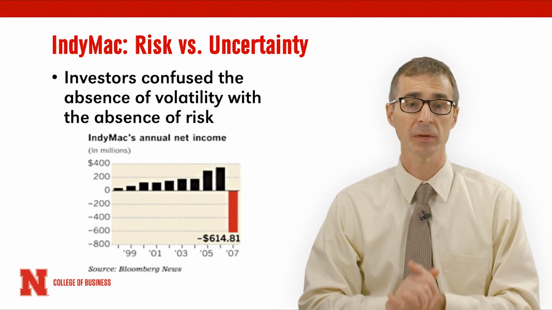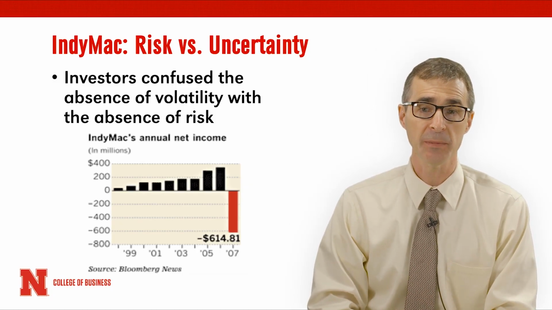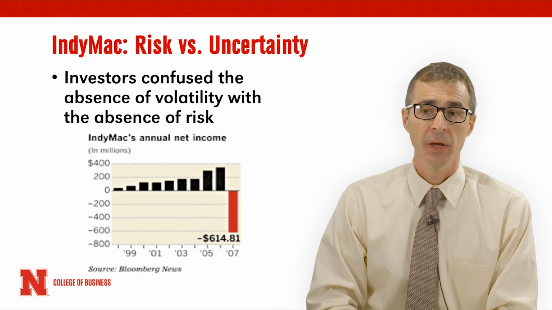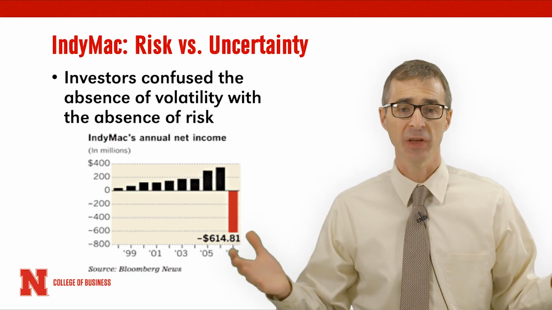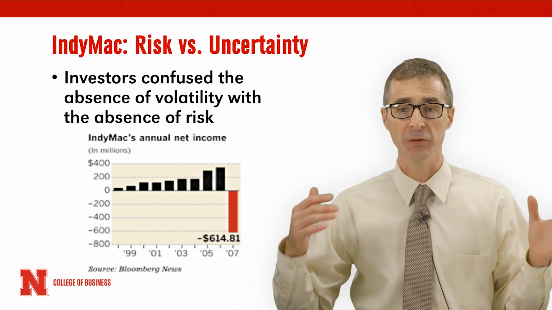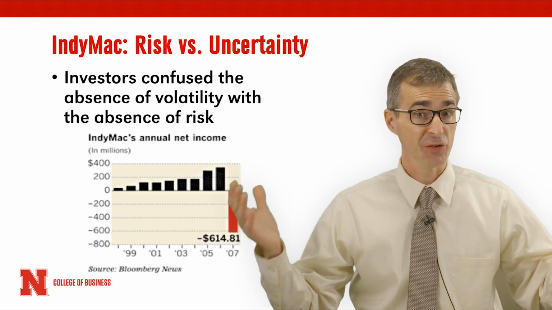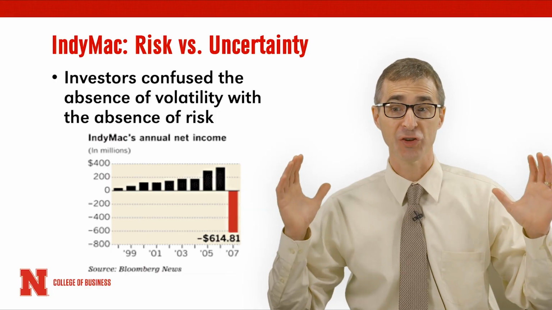Look at these annual net income numbers from IndyMac. This mortgage lender was taking on, in the late 90s and early 2000s, a lot of risk, or there was a lot of uncertainty, but investors were just ignoring it.